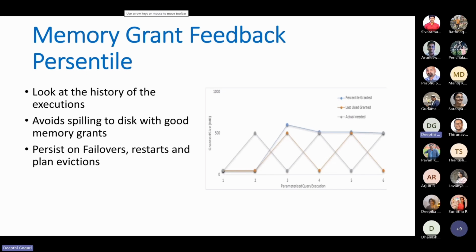It will persist on failovers, on restarts, and also on plan evictions. Here, if you see, it will find a sweet spot where it only allocates the required memory grant, not more and not less.